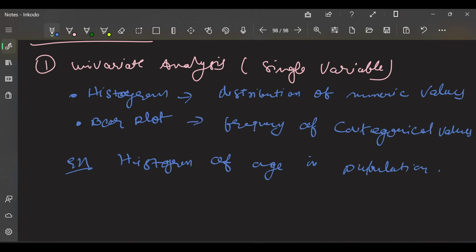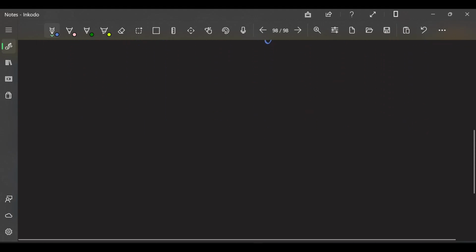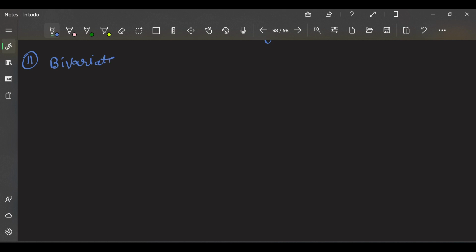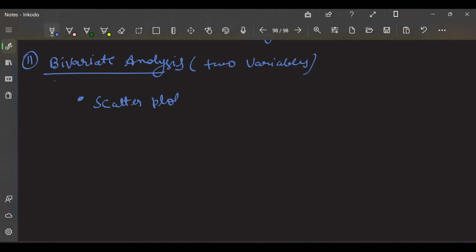The next one in the steps of exploratory data analysis is bivariate analysis. In this there are two variables. For that there is the scatter plot and the second one is the box plot.